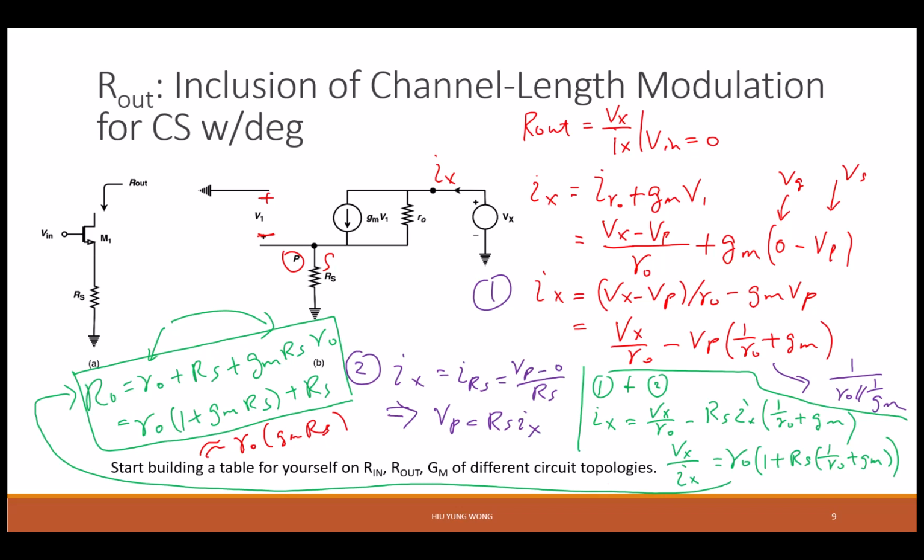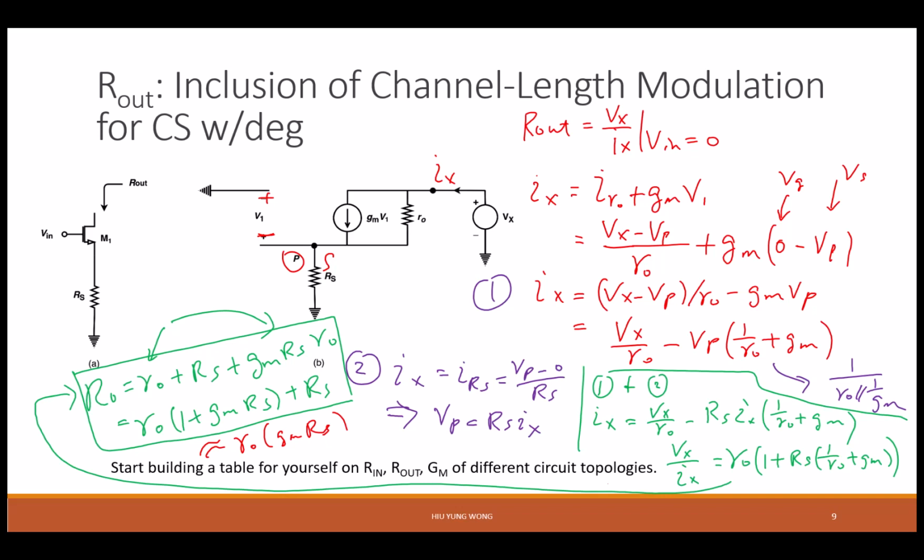Then I apply a test source to the drain, right? And I want to look at the output impedance only to the transistor, not to the resistor. I just want to look at the output impedance due to this transistor. Then what do I do? I can just go through KCL and KVL. My goal is to find out the relationship between Vx and Ix, okay?